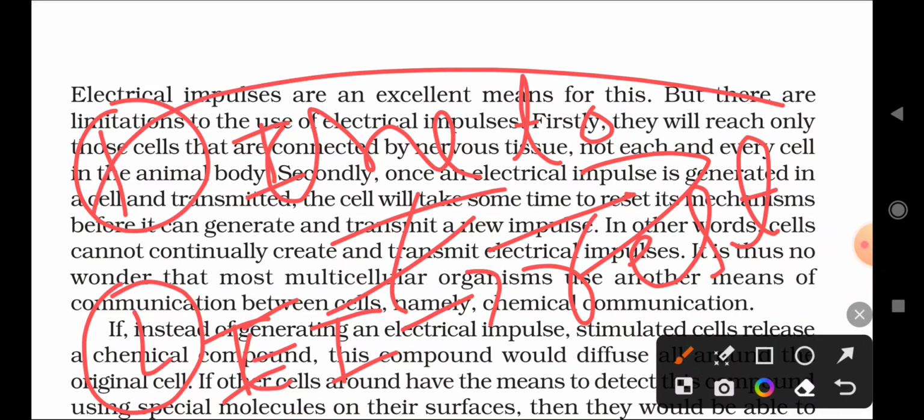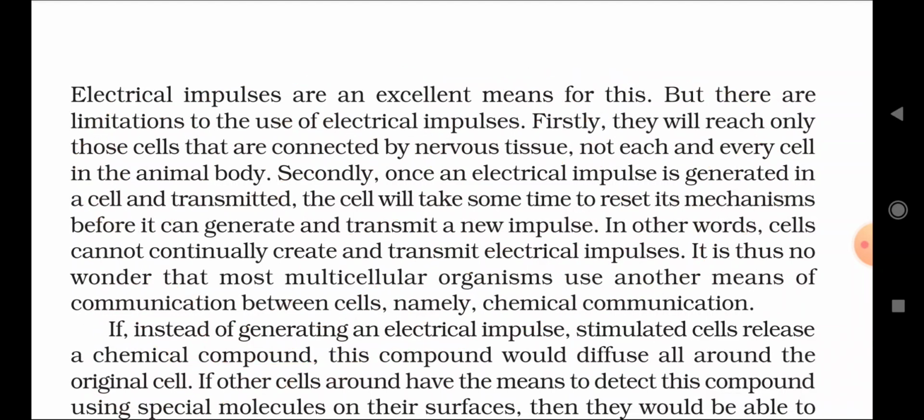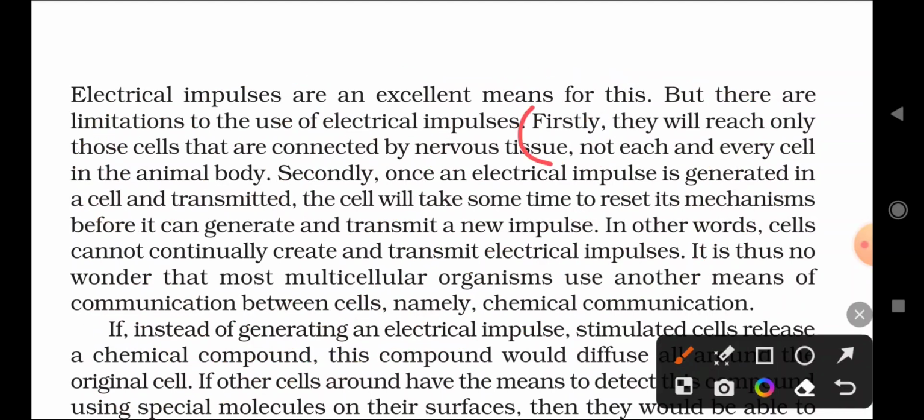So these are the two major disadvantages of electrical impulse. Whenever in an exam they ask you to write the limitations or disadvantages of electrical impulse, you have to write these two.